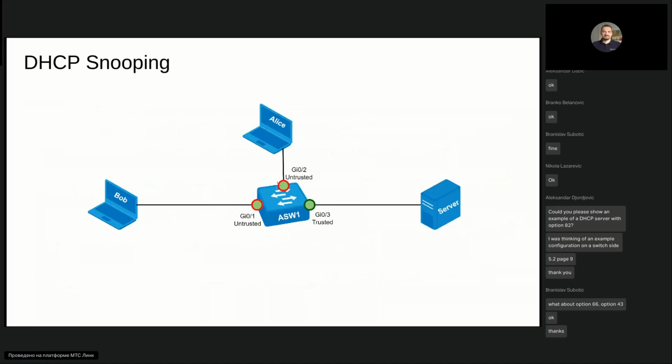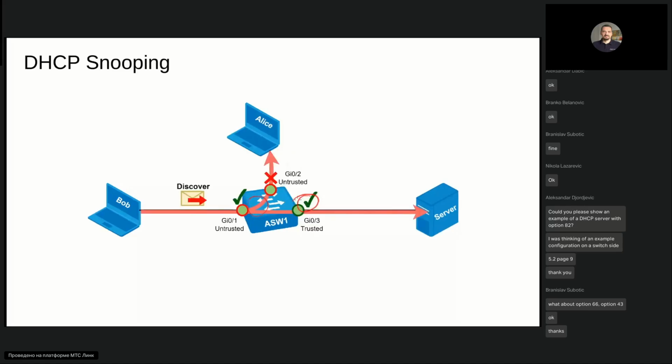So here you see that the red rounds are the untrusted ports, and this one is the trusted port. As I said, the untrusted ports allow the discover message, the request message, and also the decline and release messages.